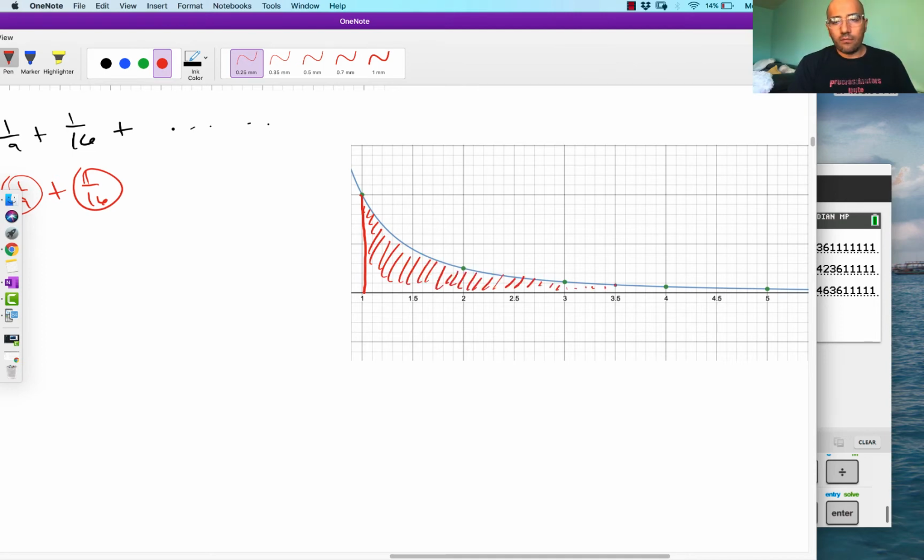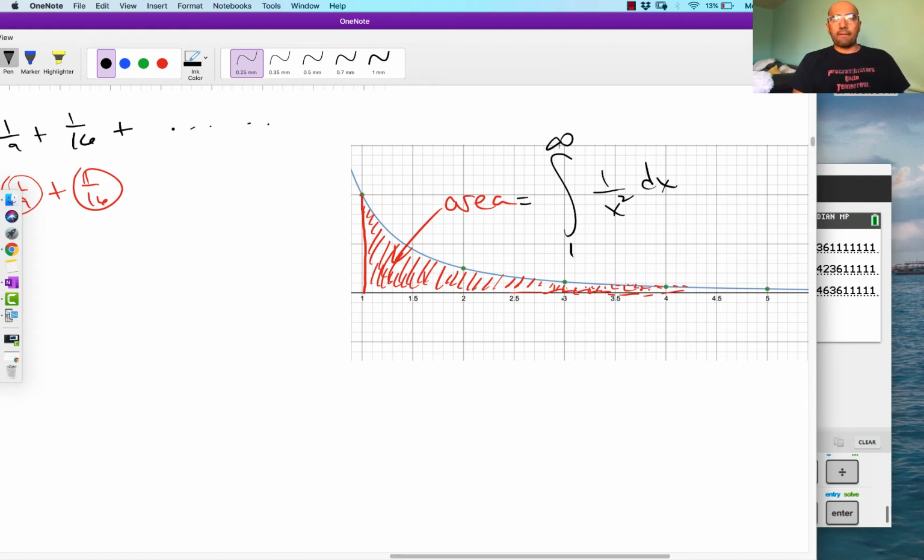Well, that brings us then to integral territory. That's what integrals do for us. They tell us the area trapped between the function and the x-axis. So this area in red is equal to an integral of 1 over x squared dx, starting at 1 and heading out forever.